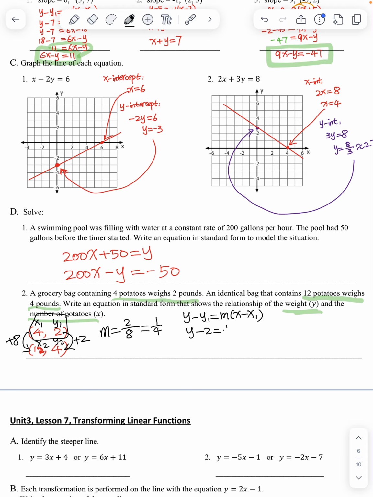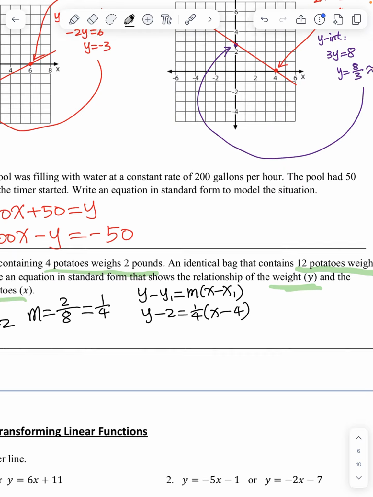Slope is 1 over 4, times x minus x1. X1 is 4. So this is the point slope equation, right? But the instruction is we have to write in standard form. Okay, this one is a little harder.